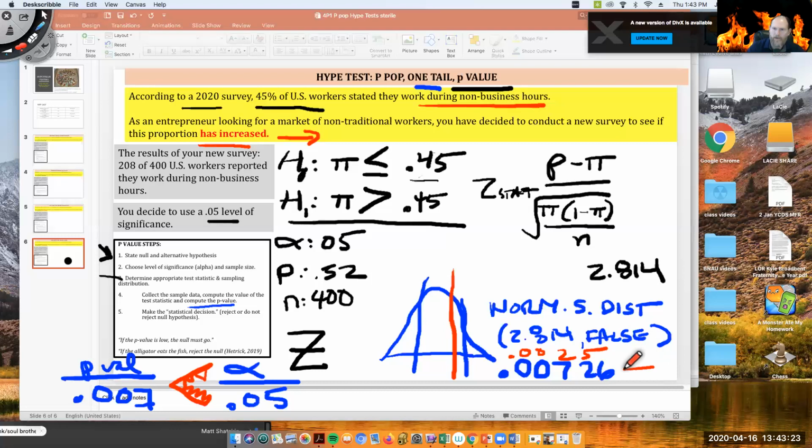If you put that number in true, you get 0.0025, and if you do it on the Z table, you get 0.0025. But if you put false on Excel, you get the 0.00726.